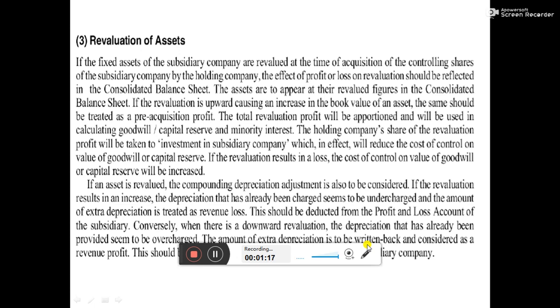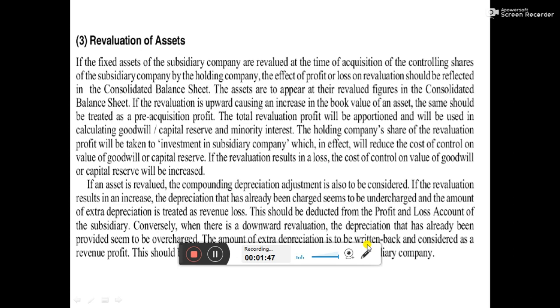Whenever the holding company takes over the subsidiary company, it takes over all the liabilities as well as assets. The assets can be taken over by the holding company at book value, more than book value, or less than book value. Whenever the holding company takes over an asset for more than book value, it is called revaluation profit. Below book value, it is called revaluation loss.